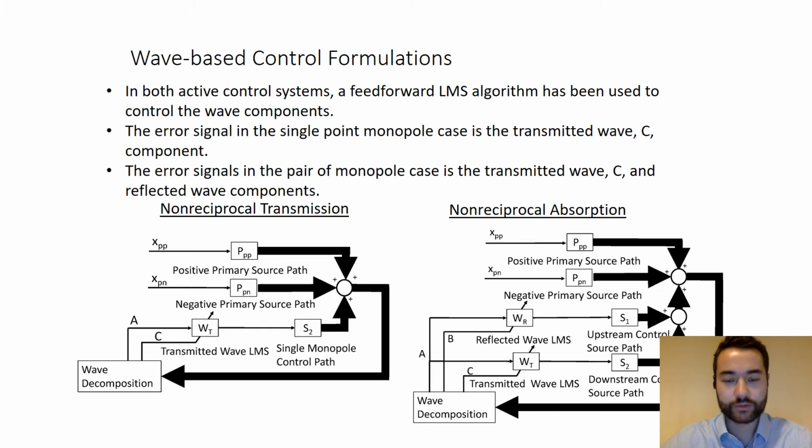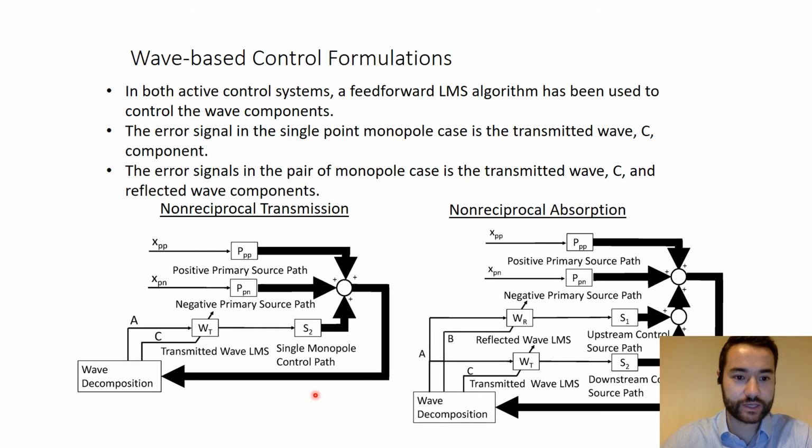The error signal in the single point monopole case is the transmitted wave C, and the error signal in the pair of monopoles case is the transmitted wave C and the reflected wave B components. The reference signal in both cases is the positive traveling wave, which is shown by coefficient A.